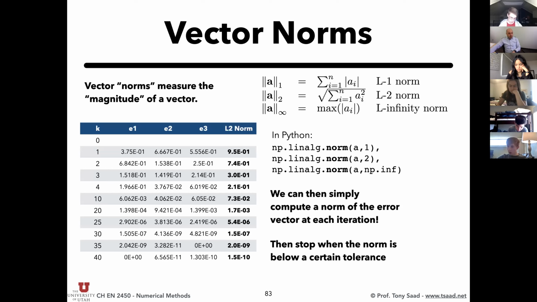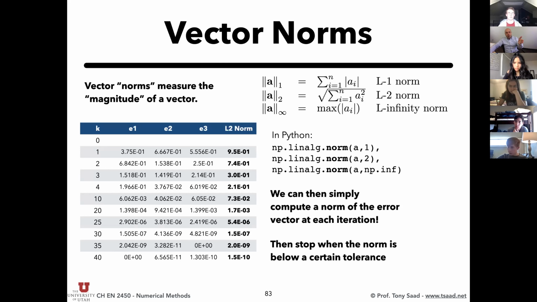So for example, for this problem that we were solving, E1, E2, E3, we had 3 values in the vector. You compute the L2 norm here in the column to the right, and that gives you a single value. That's what the norm does, right? It takes a vector of an indefinite number of entries in it and summarizes it into one value, and then you can check if that value is below the tolerance or not.